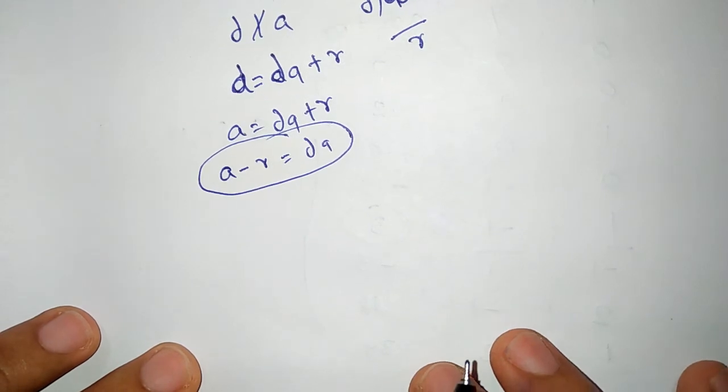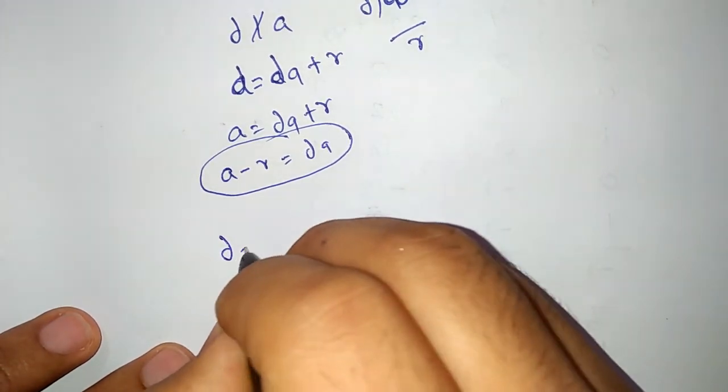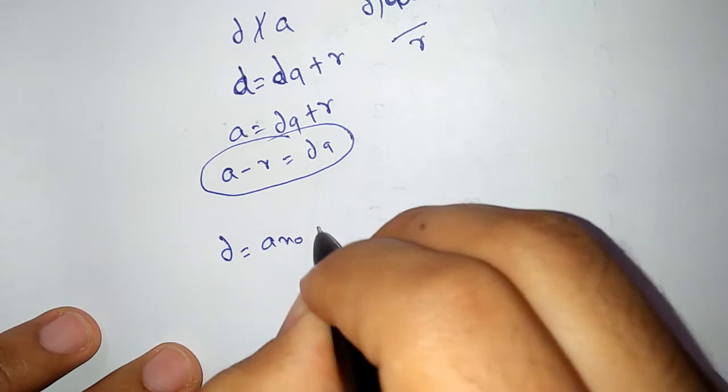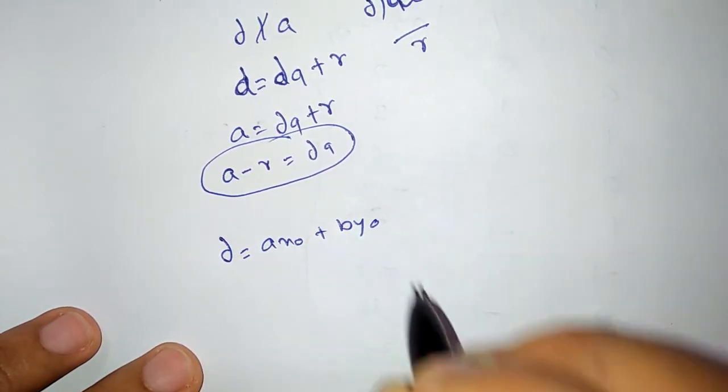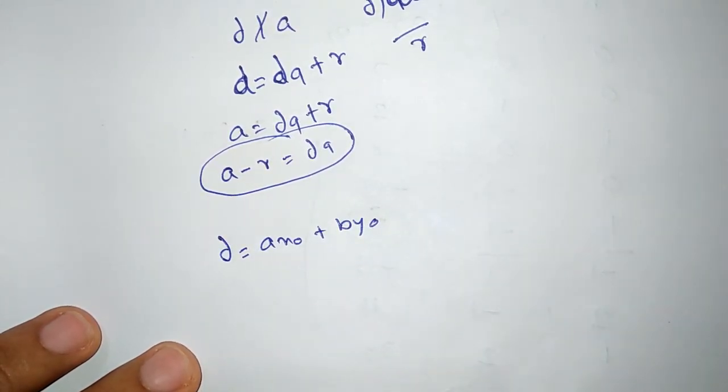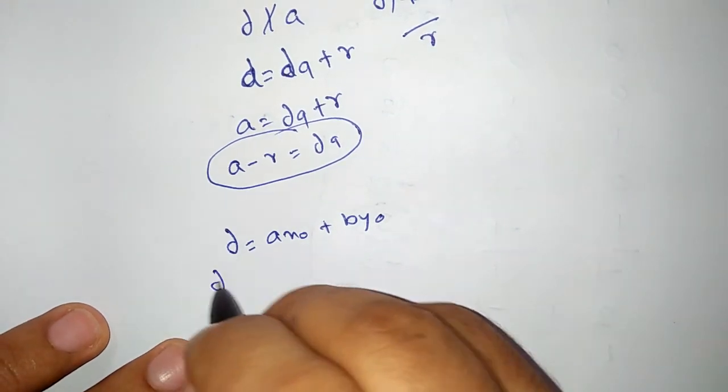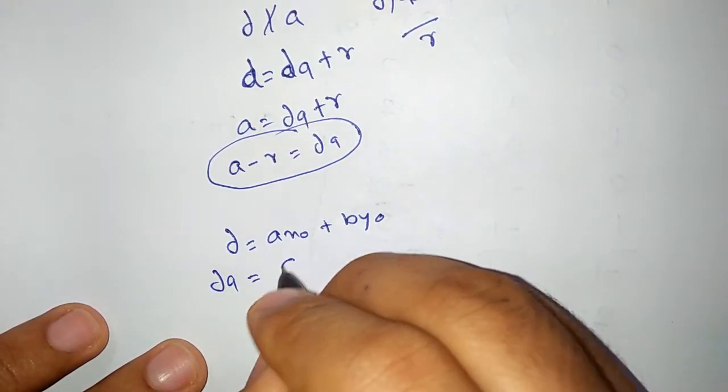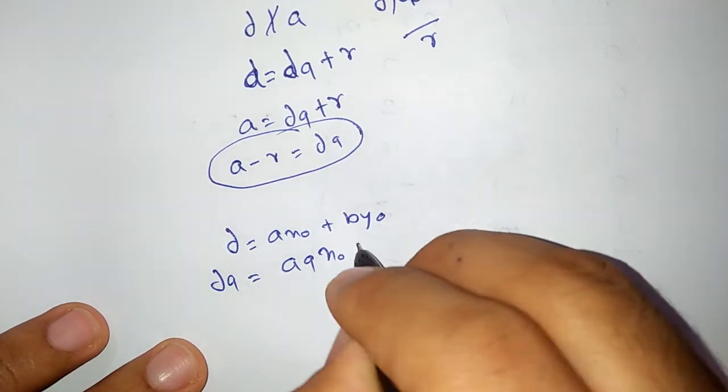Now we know that D is a linear combination of A and B, so we have something like this. If you multiply by q on both sides, we can produce something like this.